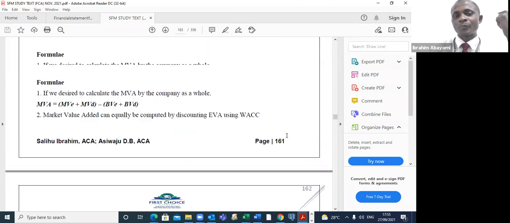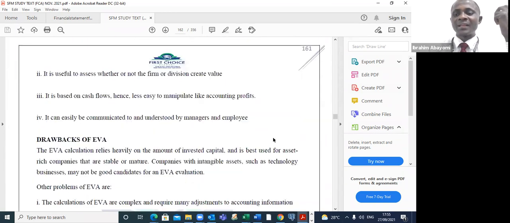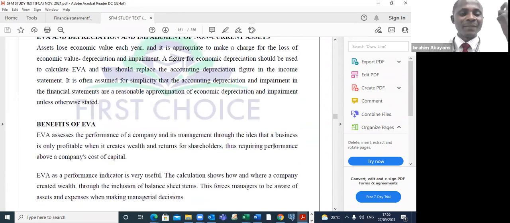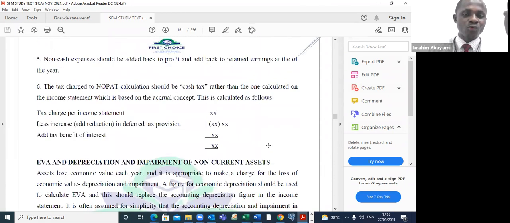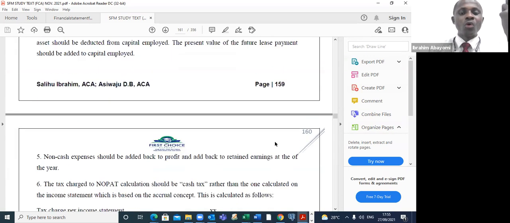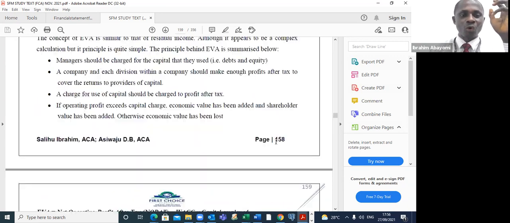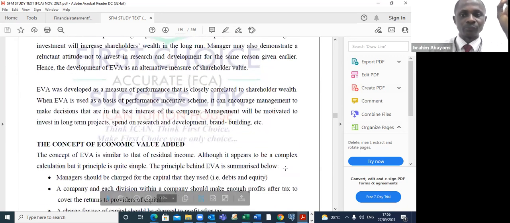I repeat, business valuation is a method of estimating the market value of a company as a whole or the market value of a company's equity.